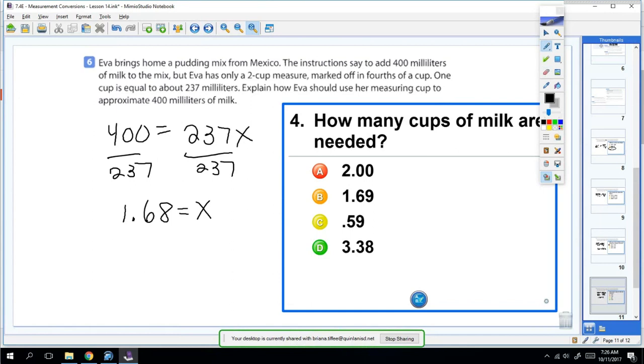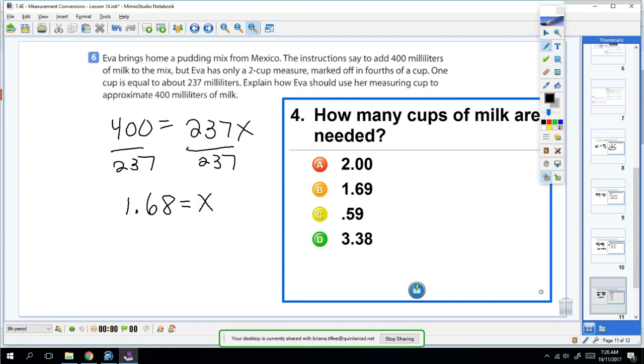So the instructions say to add 400 milliliters of milk to the mix, but Eva has only a 2-cup measuring cup marked off in fourths. So 1 cup is equal to 237 milliliters. So she's going to need about 1.7 or 1.69 cups of milk. Okay, so the answer should be B.